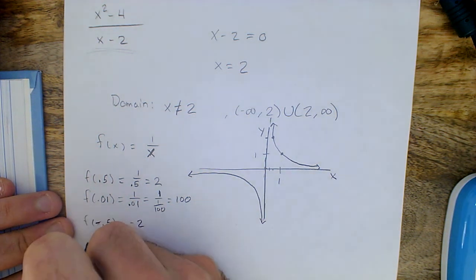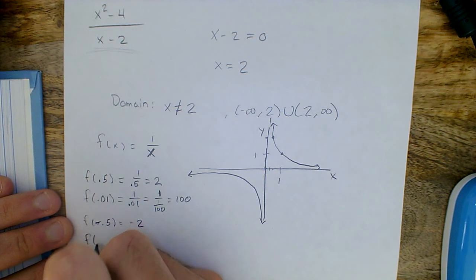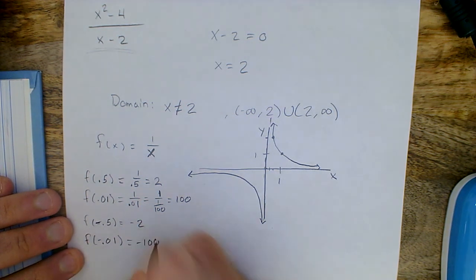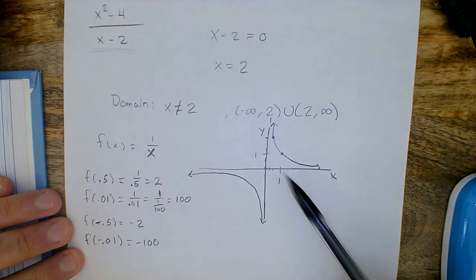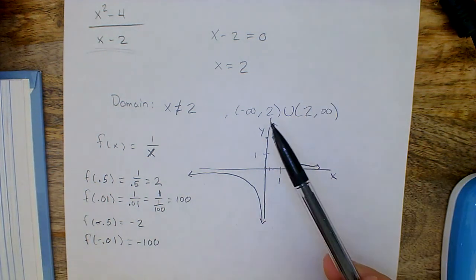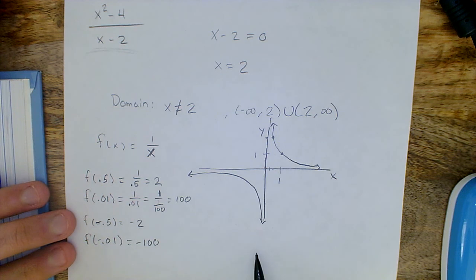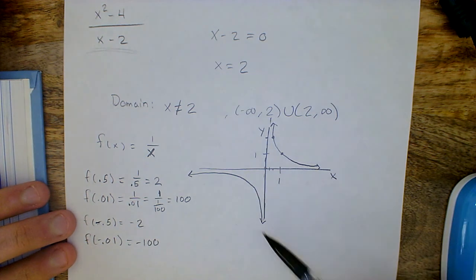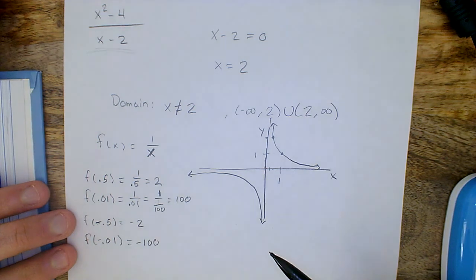And if I plug in f of negative 0.01, this would be negative 100. So for the same reason that this one's shooting off to infinity as you approach from the positive side, this one's going to shoot off to negative infinity because the output gets super, super negative.